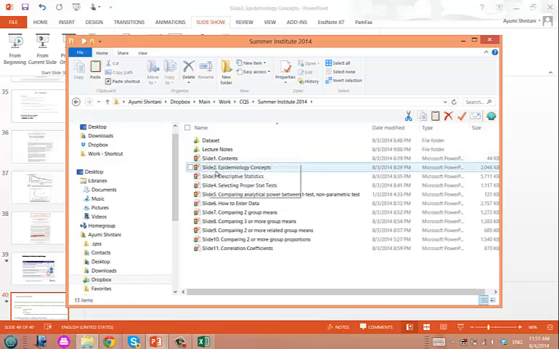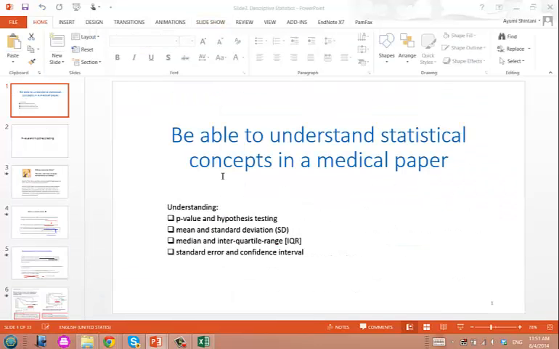So we can do descriptive statistics. All right, so the afternoon session, for 9 minutes, I just give you an introduction. We will be talking about stats, what is a p-value, and what is hypothesis testing, and then we will talk about mean and standard deviation, median, interquartile range, and standard error and confidence interval.